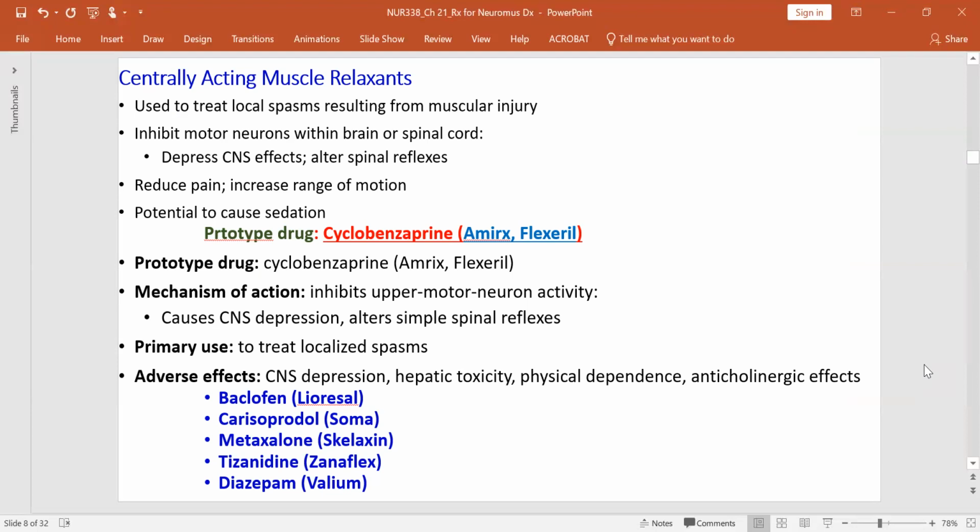The centrally acting skeletal muscle relaxants act at various levels of the central nervous system, CNS. These medications will reduce pain and also increase the range of motion. The prototype drug is cyclobenzaprine, one of whose main brand names is Flexeril.